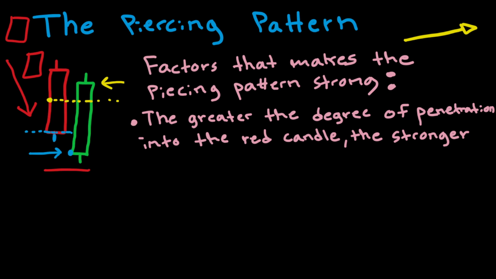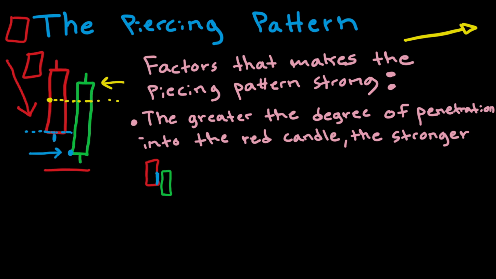And what I mean by degree of penetration is this. I can try to demonstrate it here. If we have a red candle and a green candle that opens below here and just barely penetrates into 50% of the red candle, in this case, we can say that the penetration part is this blue part right here.